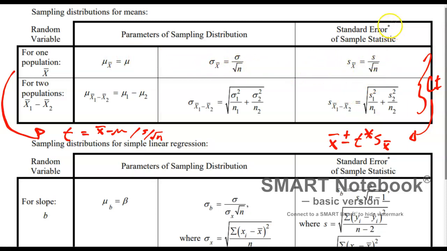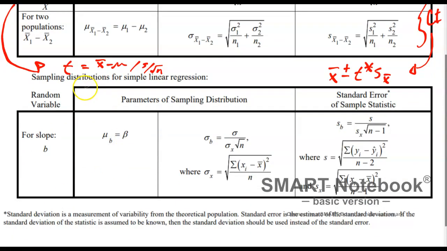There's the star, introducing t star. Not very intuitive for the two sample, but you can just follow it verbatim if appropriate.